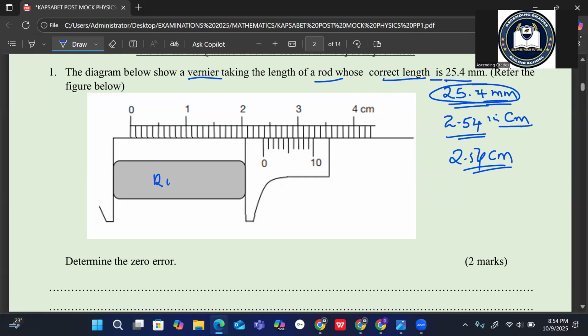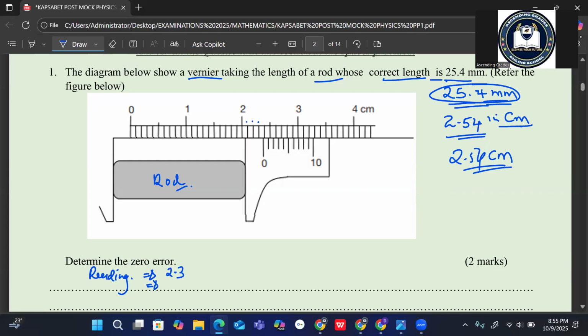Here is the rod. You have to determine the zero error for the same. The first thing is to look at the reading of this vernier caliper. From the main scale, the mark that is left of the zero mark of the vernier scale is 2.1, 2.2, and then 2.3. So we can say it is 2.3.